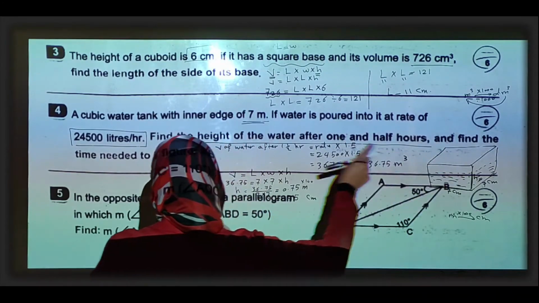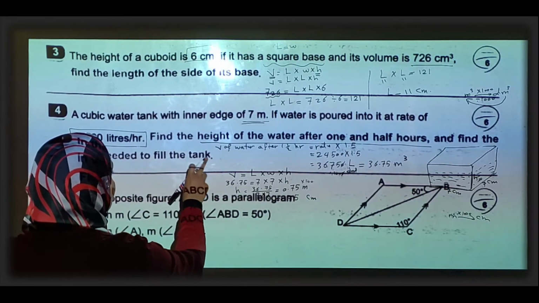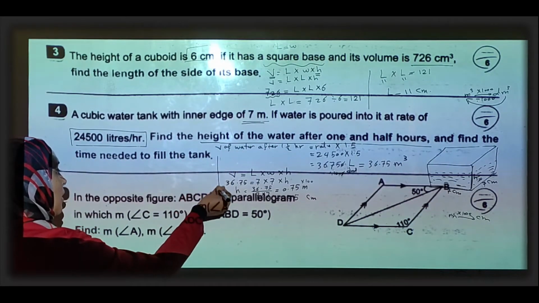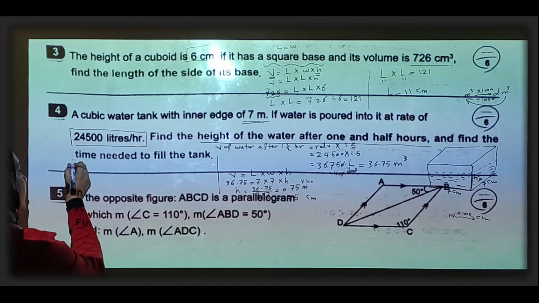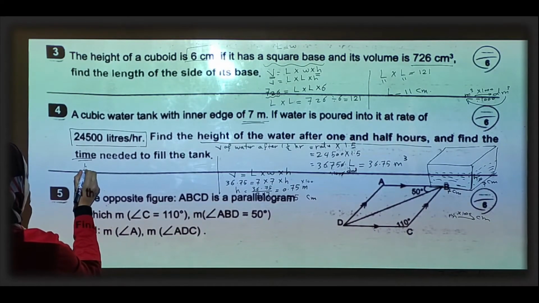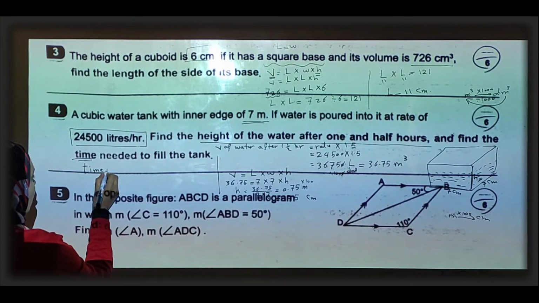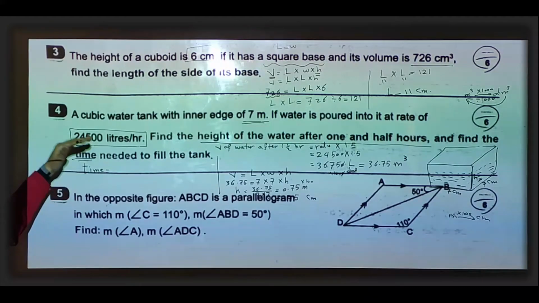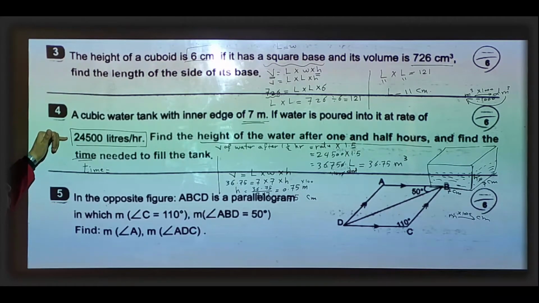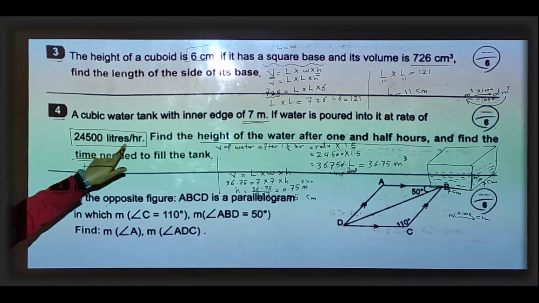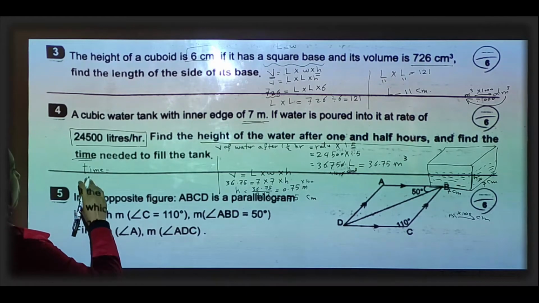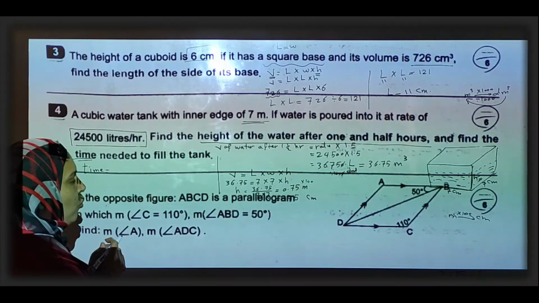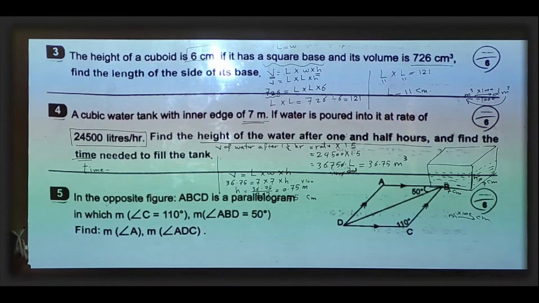And find the time needed to fill the tank. We want to find the time. From the meaning of the rate, this volume is poured in the tank after 1 hour. So the time needed to fill the tank: what is the volume of all the tank?